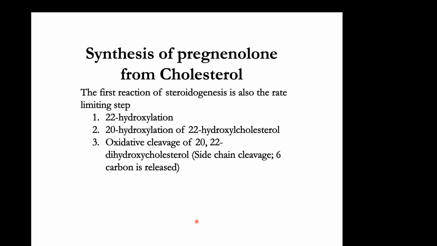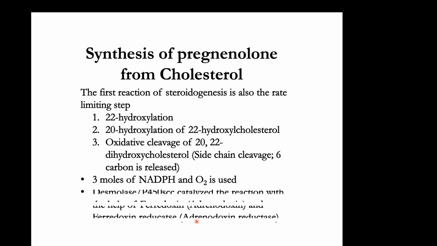So now the remaining structure will become 21 carbon, and in this reaction 3 moles of NADPH as electron donor and oxygen are utilized, and the reaction is catalyzed by the desmolase enzyme, and we all know that this enzyme requires ferredoxin as well as ferredoxin reductase, or adenodoxin reductase, for optimum activity.